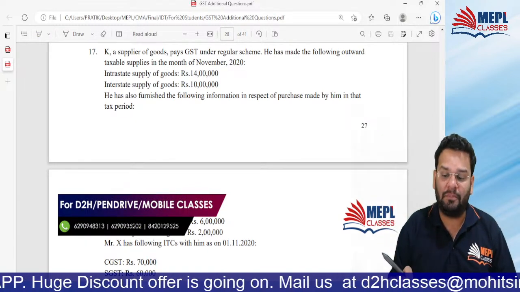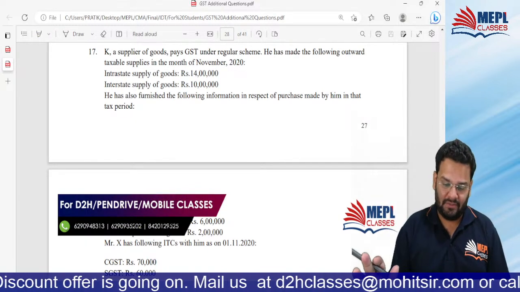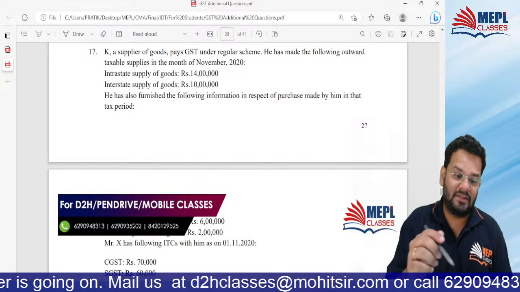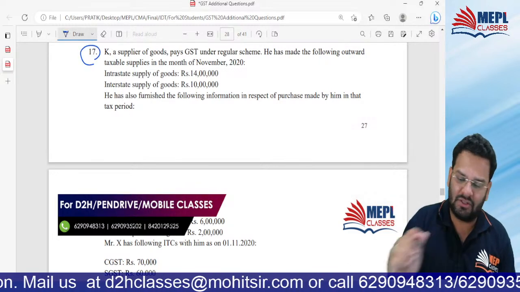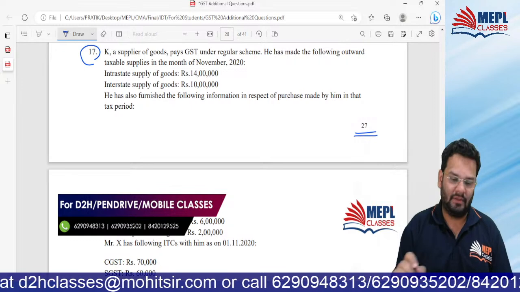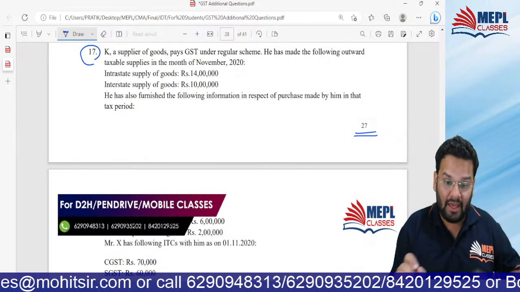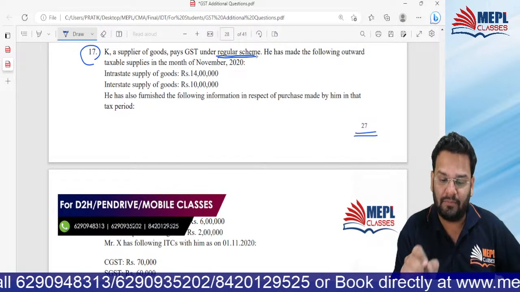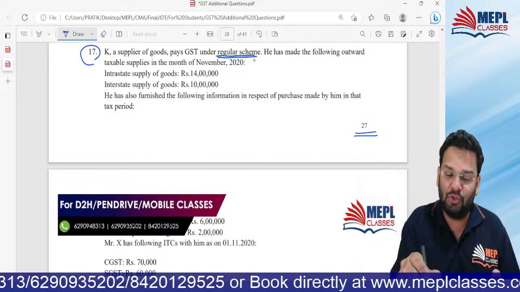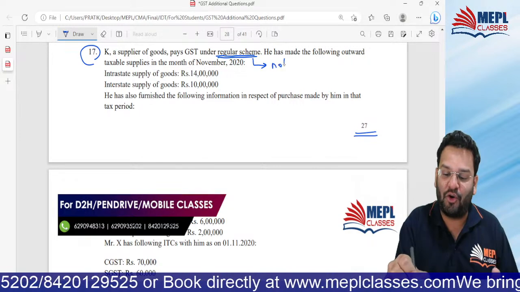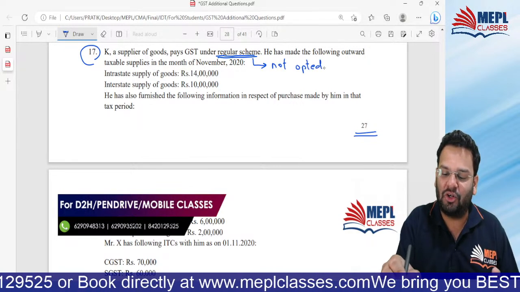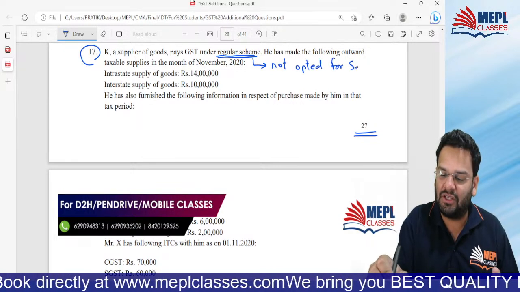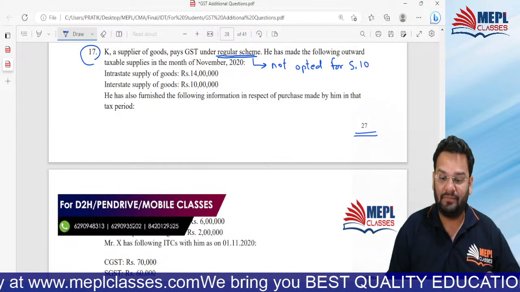17th question on page 27. K, a supplier of goods, pays GST under regular scheme. Regular scheme means he has not opted for section 10 composition scheme.